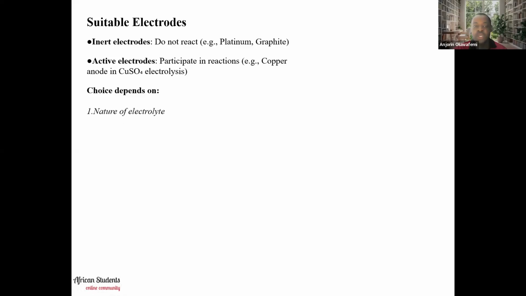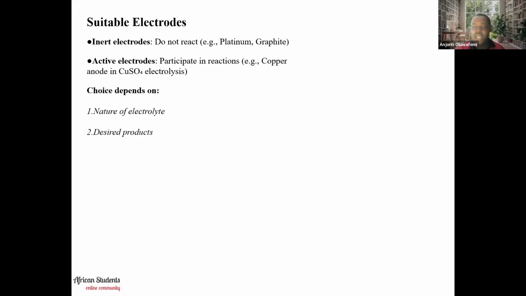If it is an electrolyte that you know can be pretty reactive with certain substances, you must also carefully select the electrode to ensure that it is one that will not interfere whatsoever with the process. So the nature of the electrolyte is a major determinant to the choice of electrodes that will be selected.